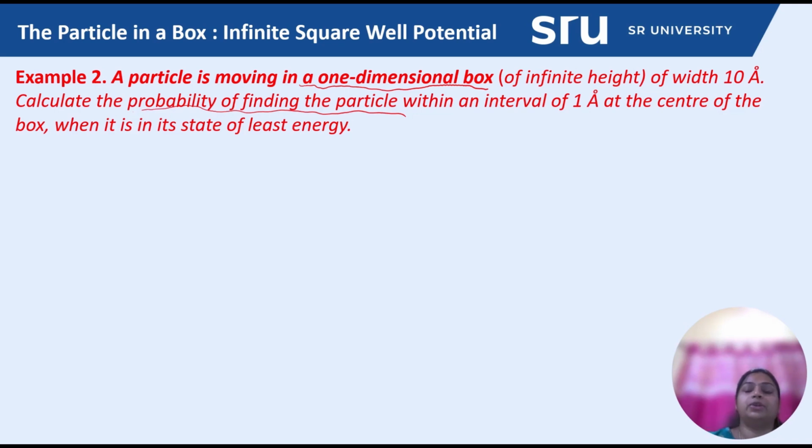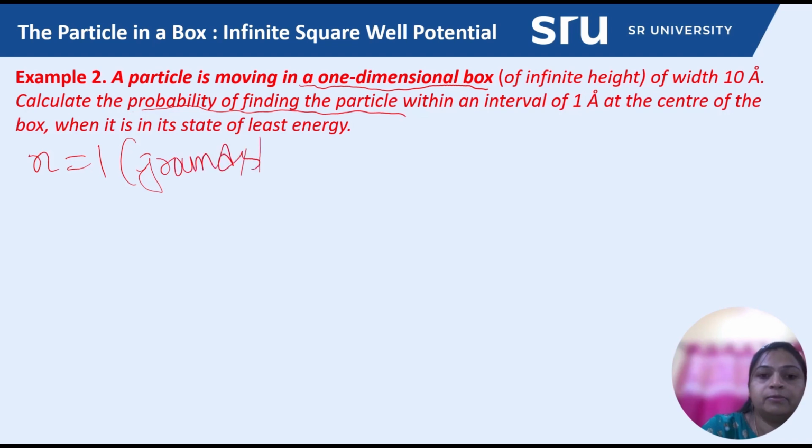So we know from previous discussion the wave function of the particle at ground state, that means n equal to 1. This is the ground state. N equal to 1, that wave function will obviously be psi 1.